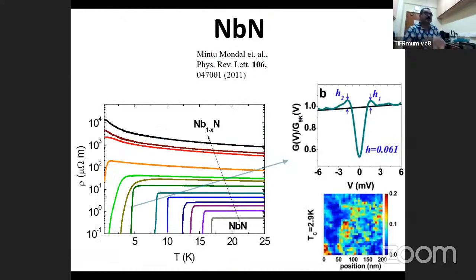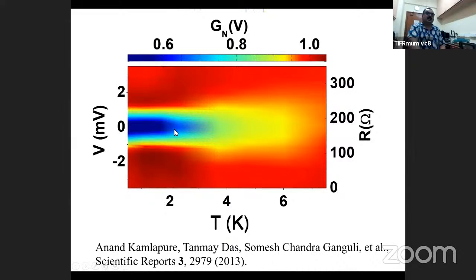But now you take, let's say, one of these superconductors, something which has a Tc of somewhere here, 2.7 K, and you measure the superconducting gap. What I am showing you here is the same spectrum that you see for a superconductor, but it is color coded. The intensity of the color corresponds to the conductance.